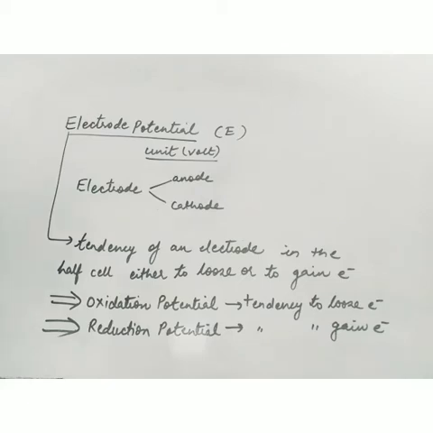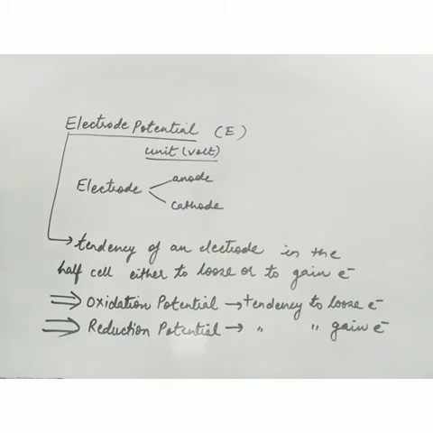Now sometimes the element has oxidation potential. For example, we take copper. Sometimes copper has tendency to lose electron, sometimes copper has tendency to gain electron. It depends on the other element with which it is connected.